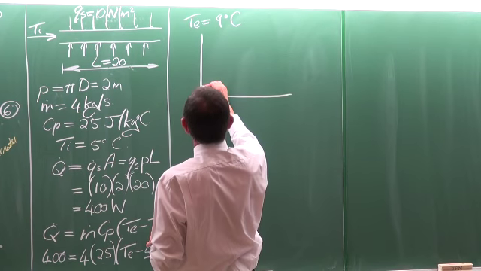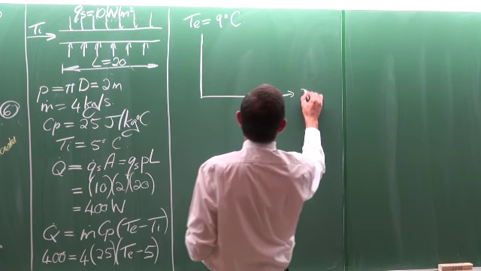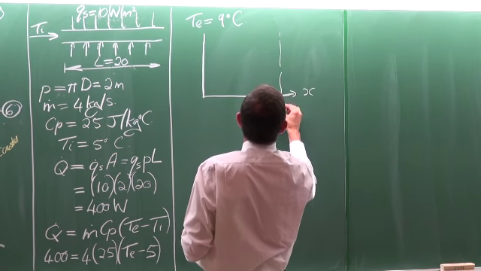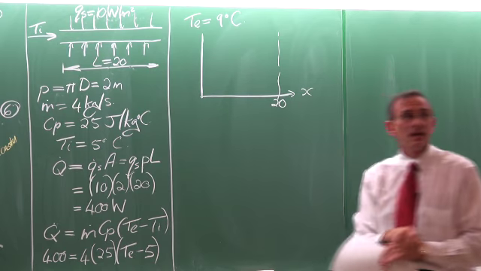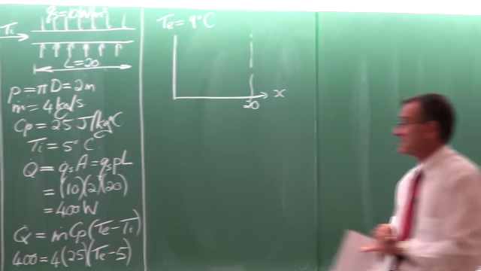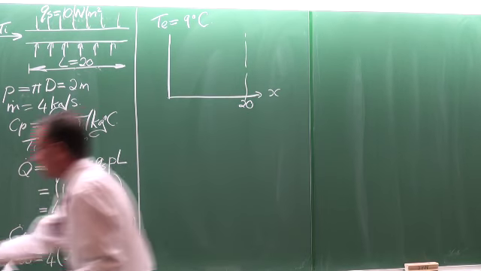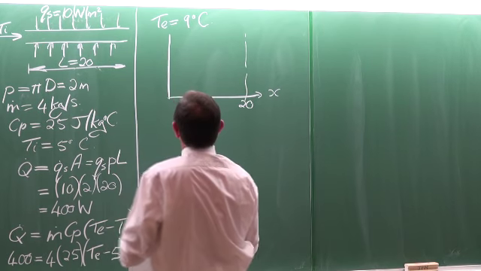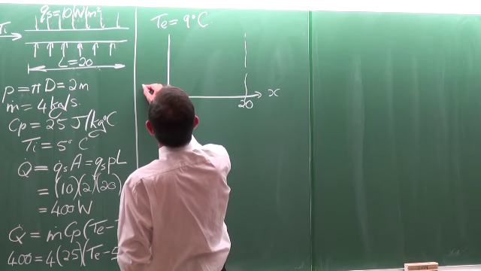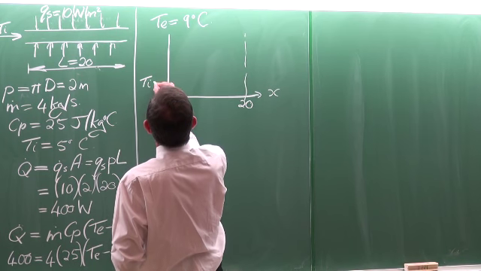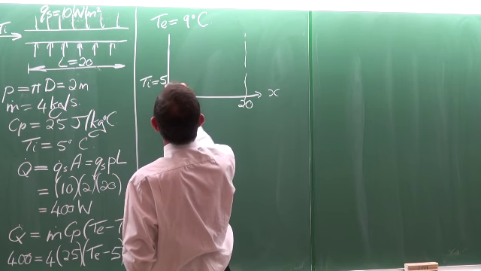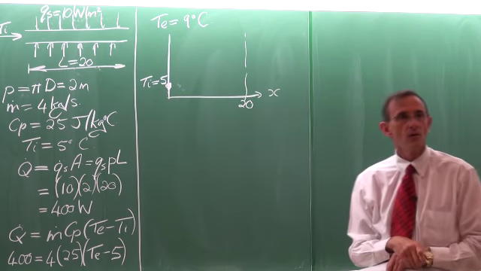Let's develop again our sketch of the temperature as a function of x. So there is x equal to 20 meters. The inlet temperature is equal to 5, so that temperature is known now.